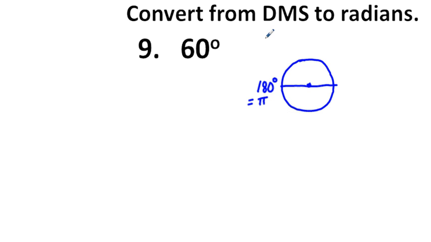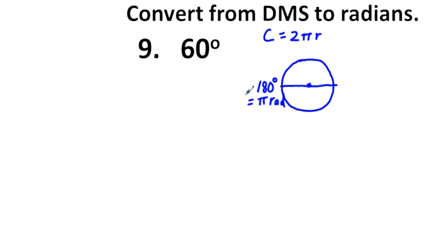And you can kind of think of it like this. The formula for circumference is C equals 2 pi r. And if the radius is 1, well, then the circumference would equal 2 pi. And so pi is equivalent to 180 degrees. And when we say pi, we mean pi radians. In these problems, I'm going to put RAD to abbreviate radians.